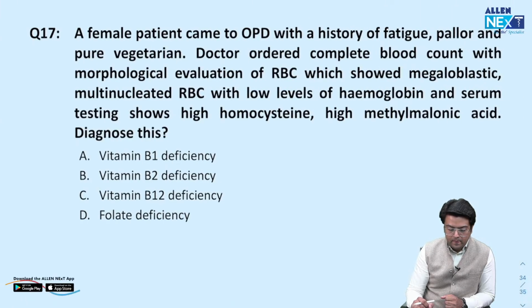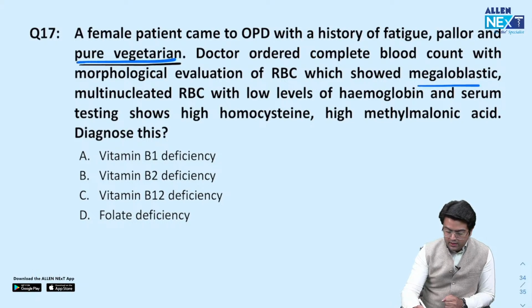Okay. Then question number 17. A female patient came to the OPD with a history of fatigue and pallor, and the patient was a pure vegetarian, right? The doctor ordered a complete blood count and morphological evaluation of the RBC shows megaloblastic anemia.